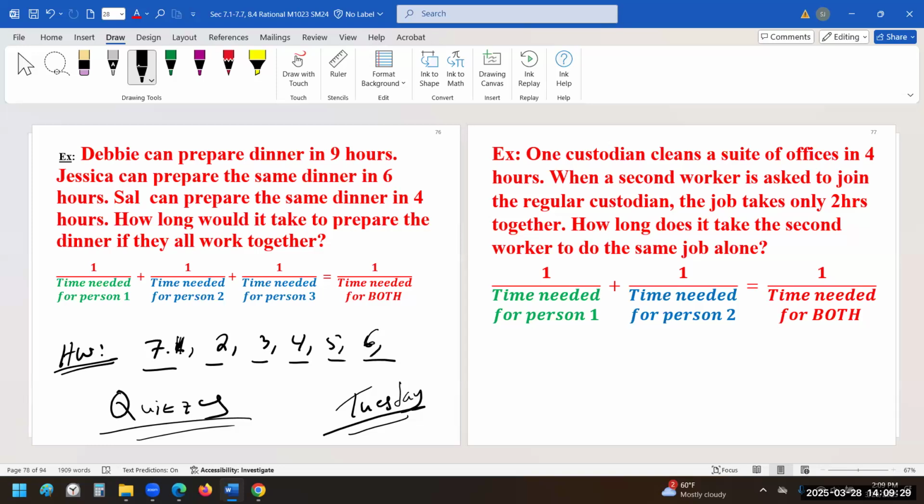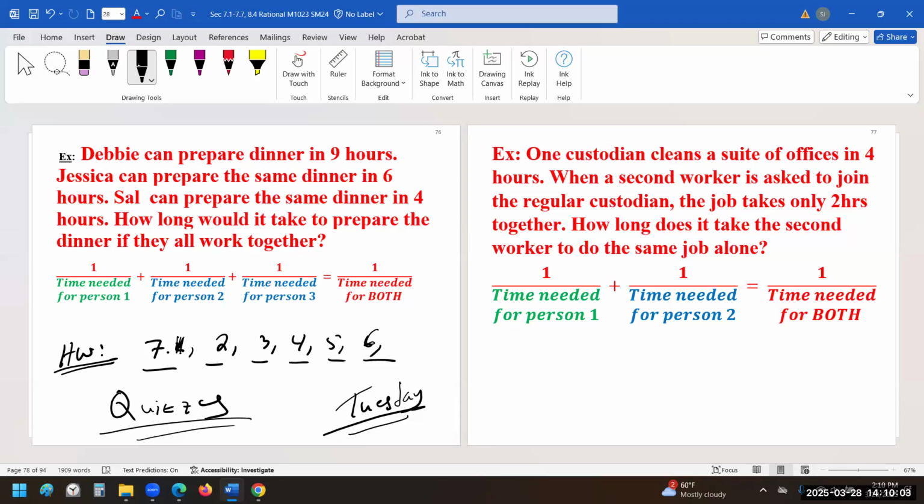Really fast, confident as well. And then what's the next sentence? The formula is always 1 over something, 1 over something. Now, we have both sides.